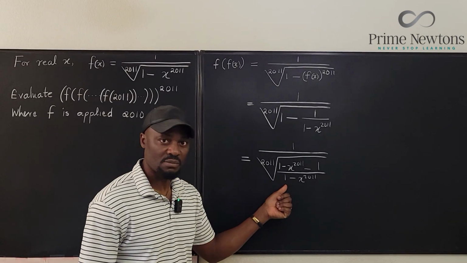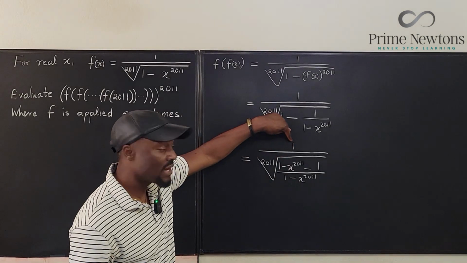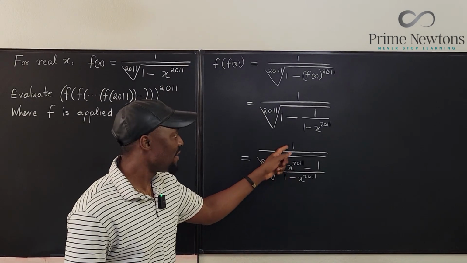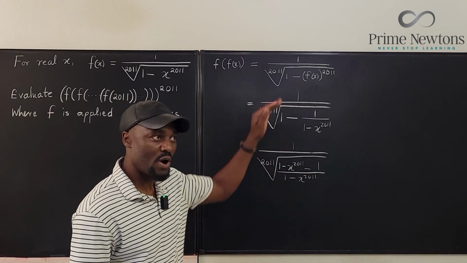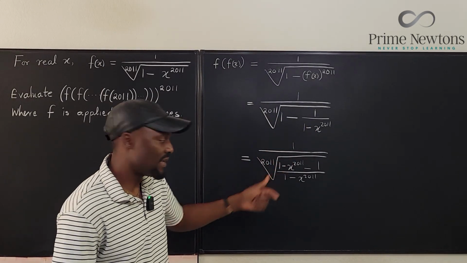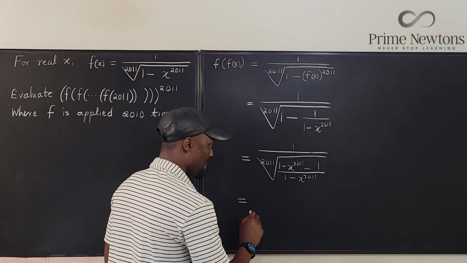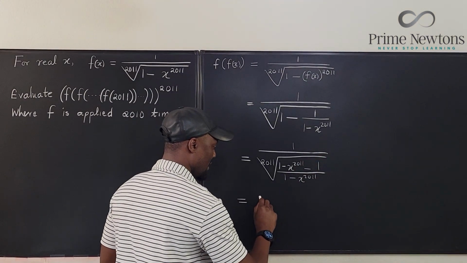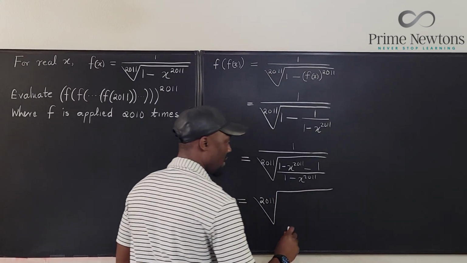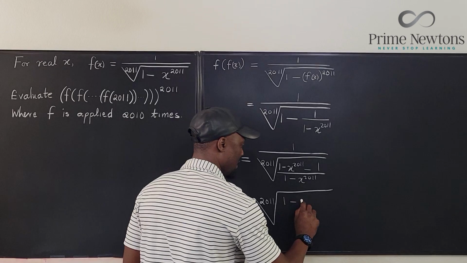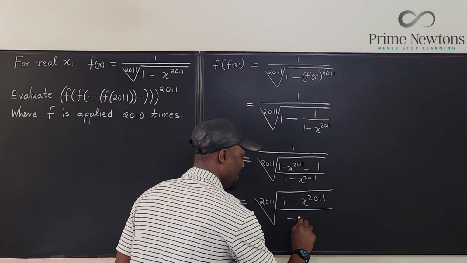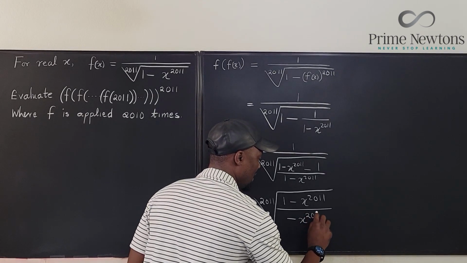Under it, nothing simplifies. But because we have 1 on top of this, you can flip what's under and get rid of this 1. It's like saying 1 divided by 1/2. The answer is going to be 2, because you flip this. So what we have is the 2011th root of 1 minus x to the 2011 on top, and under it just negative x to the 2011.